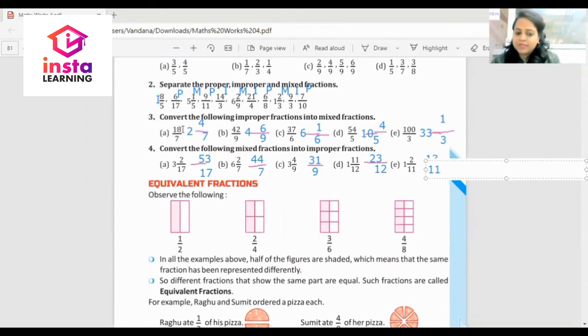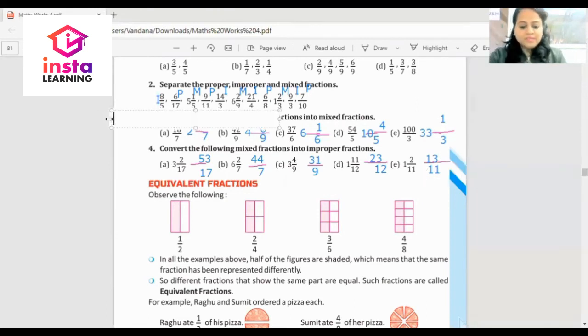7 twos are 14 plus 4, 18. So just divide first and you will get the answer like this. Let me tell you one thing in this: you have to divide first. Your number 18 is the dividend and 7 is the divisor.